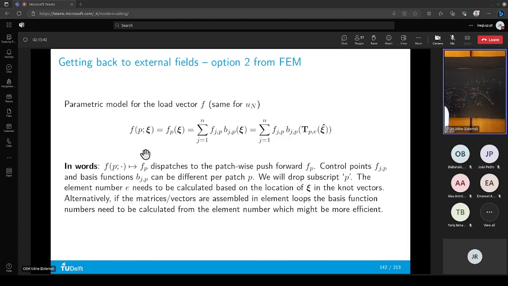The way I would see the load vector, and this becomes also helpful for the IGA nets: say you have a function where you put in P, apologies for overloading P, it's not the polynomial order, it's the patch number, and the coordinates with respect to that patch. So you first identify which forward mapping it is. Maybe it's the 10th patch. I have to evaluate the 10th load vector in that coordinate.